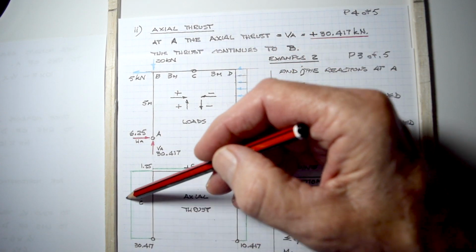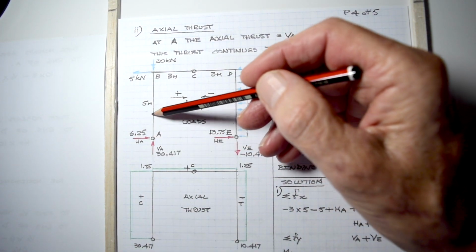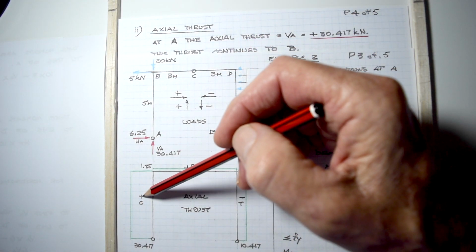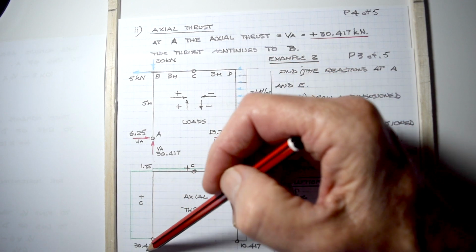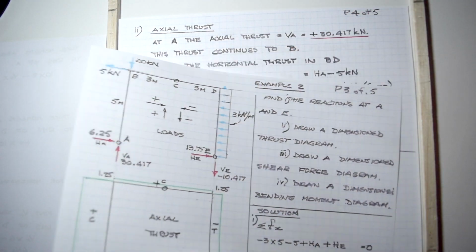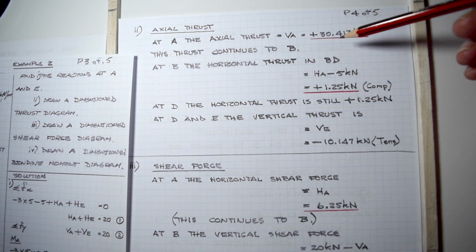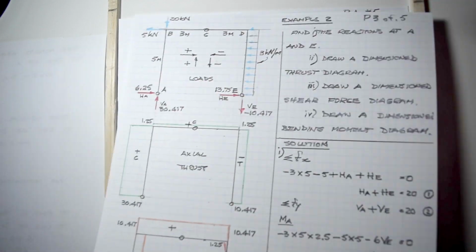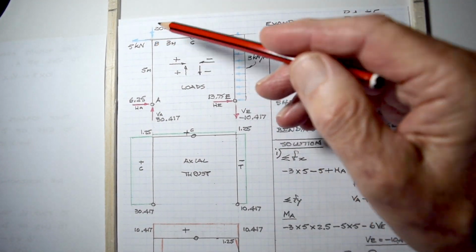And there the diagram is. And that's constant, that crushing force all the way up to B. So that is a plus. Compression, squashing it, is a plus. 30.417 kilonewtons at the bottom and at the top. That's how you find that. And what I've said is this thrust continues to point B. So it continues up to point B.